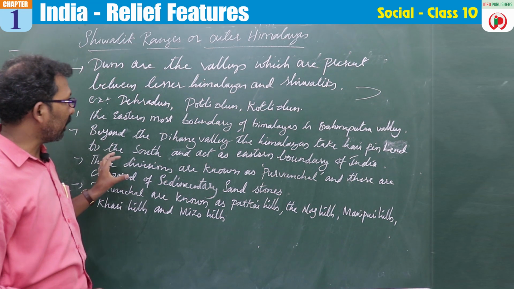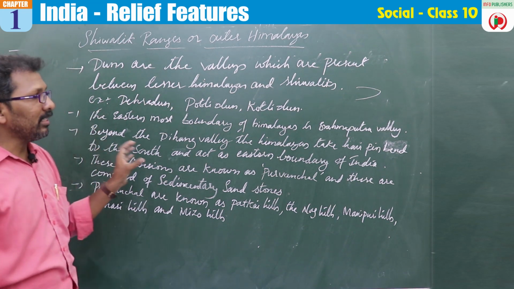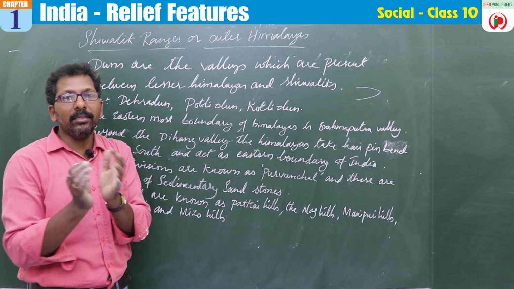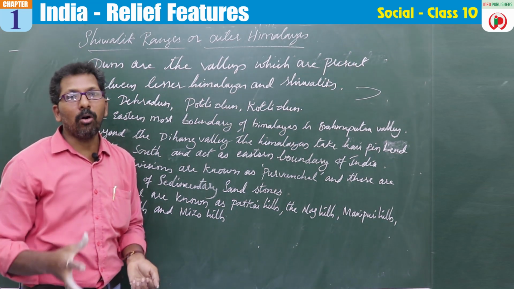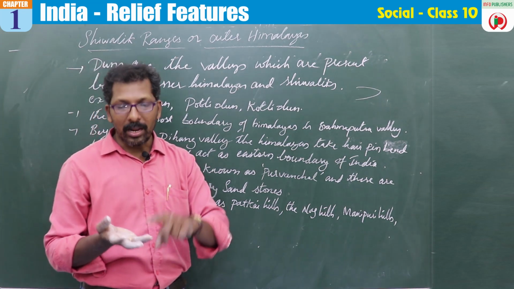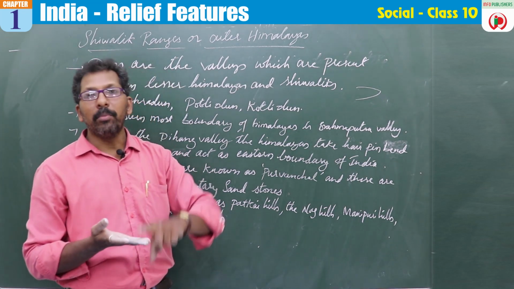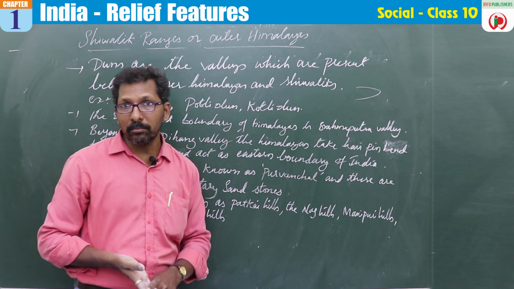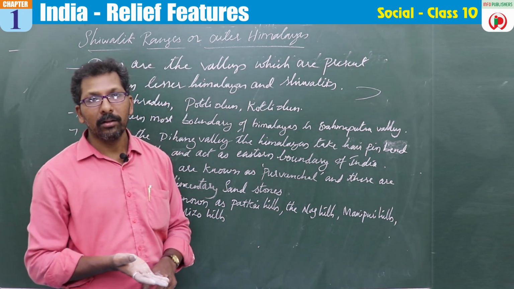So these Himalayas form the eastern boundary, protecting the northeastern states like Arunachal Pradesh, Nagaland, Manipur, Mizoram, Tripura.